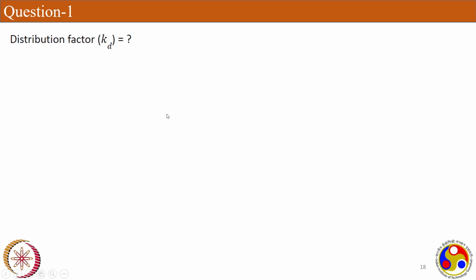Yeah. Now comes the distribution factor. The formula would be in terms of sine, not in cos terms. It is sine m beta by 2 divided by m sine beta by 2. Here the m you can take as the phase spread, the slots per pole per phase.